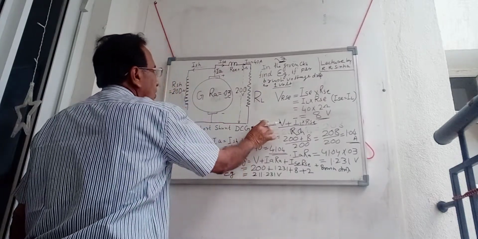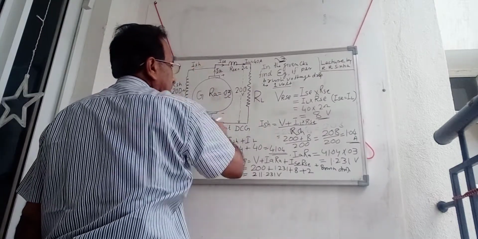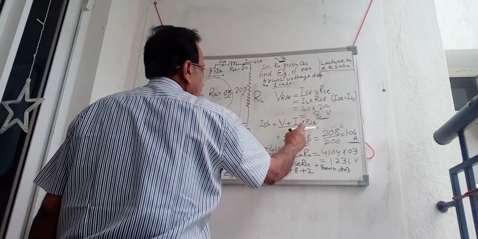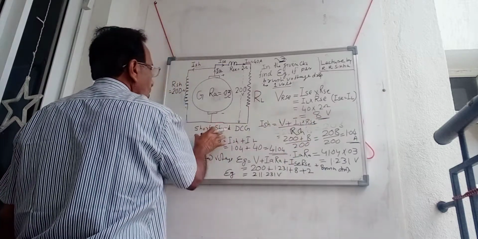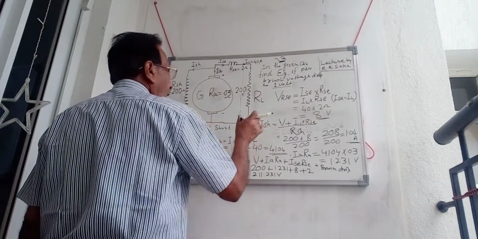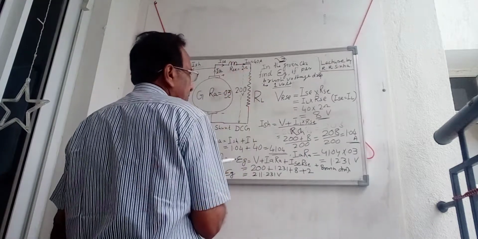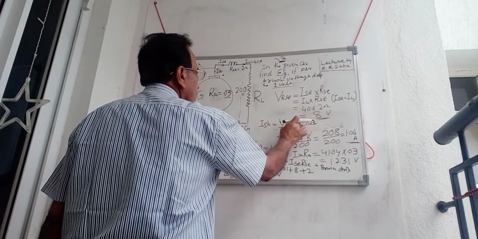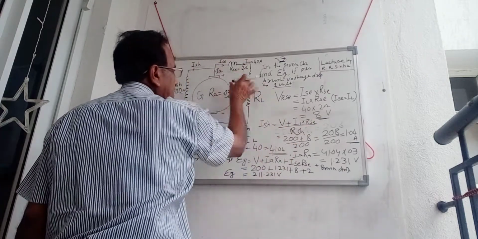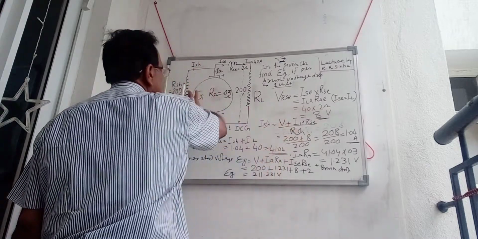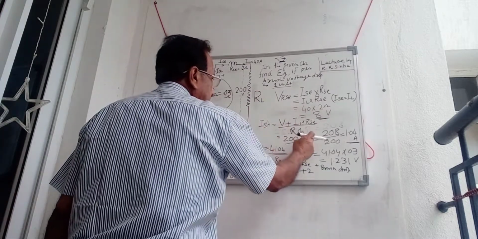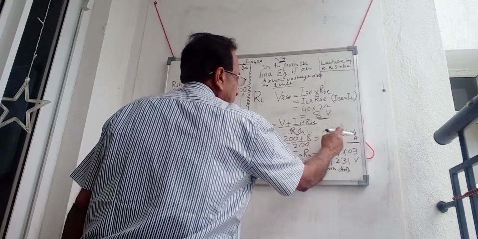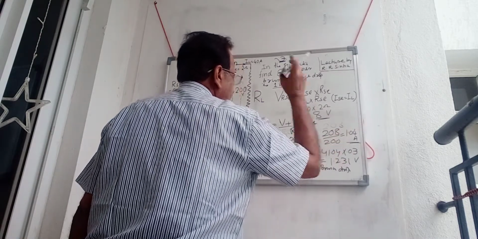Now we have to find out the shunt current. This is terminal voltage plus IL into RSE divided by RSH. This is the formula for a short shunt DC generator, also for compound DC generator. 200 plus 8 divided by 200 is 1.04 ampere.